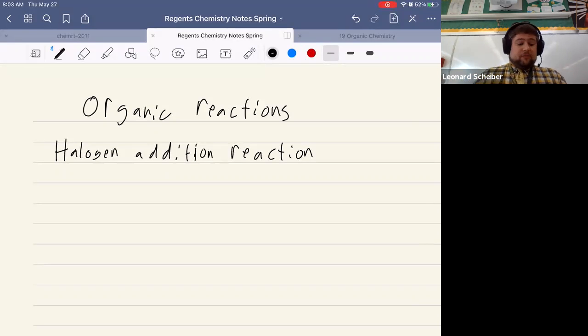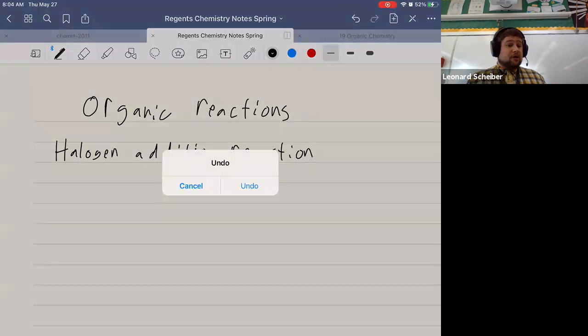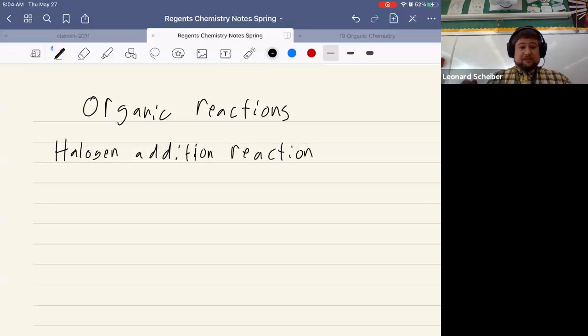Now, hopefully you remember that halogens are group 17s, and group 17s are all part of our diatomic molecules, our Hofbrinkel. They all exist as diatomics. So a great example of a halogen addition reaction is if we were to take chlorine, Cl2, and add it to ethene.